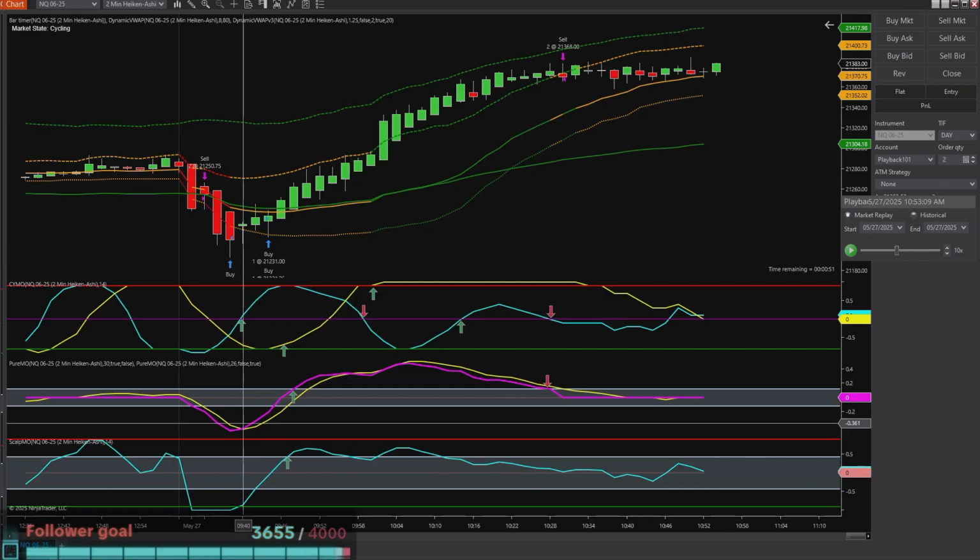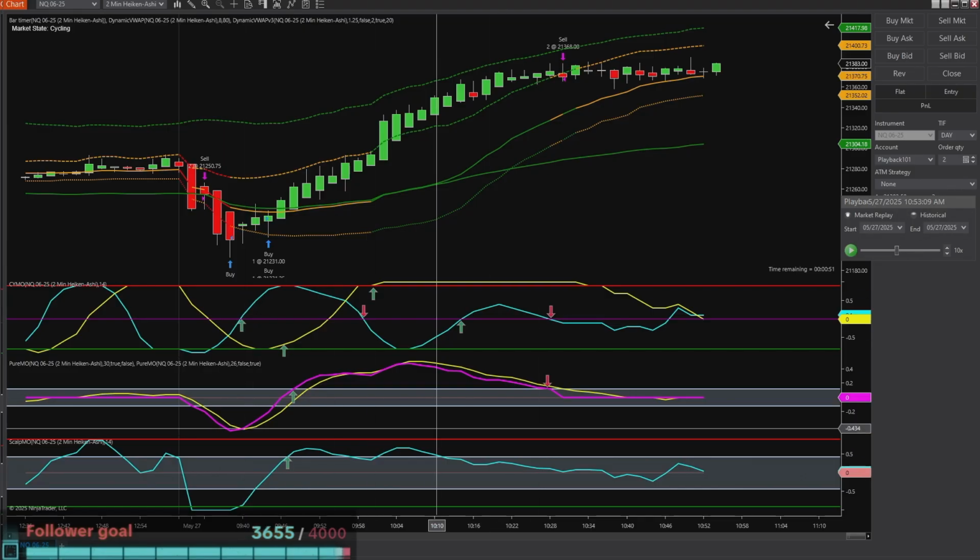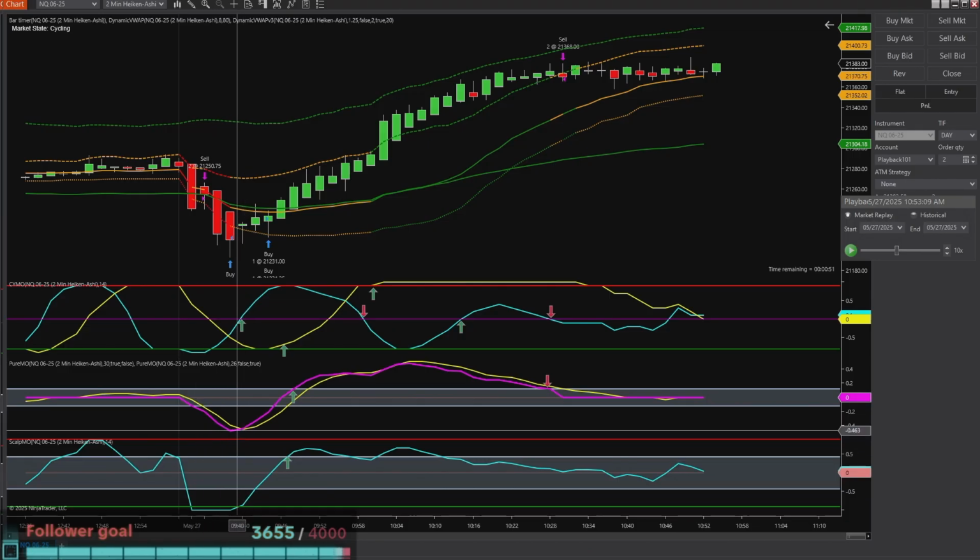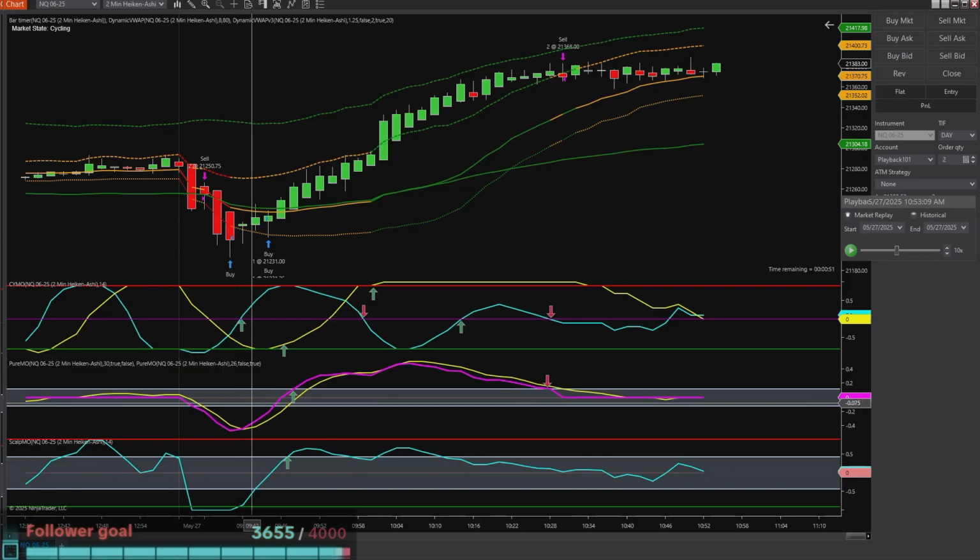With the settings you have on this chart, 30 and 26, it's not advisable to use it for a cycle chart, okay? If it were used in a cycle setting where the settings were tuned down to maybe 10 or 14, and the lines actually crossed in a cyclic environment, that's when it matters.